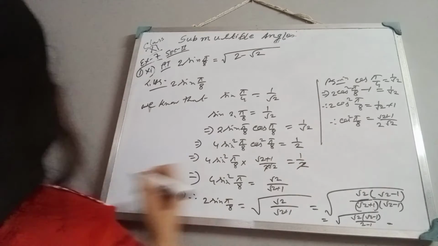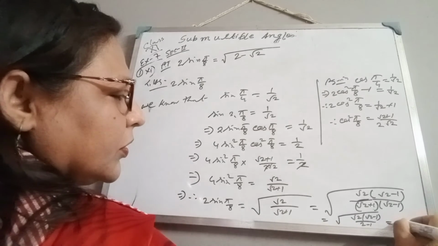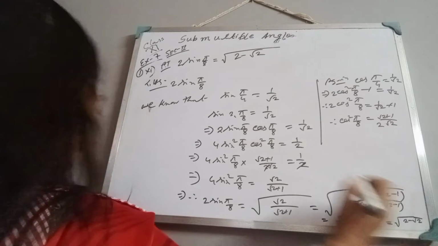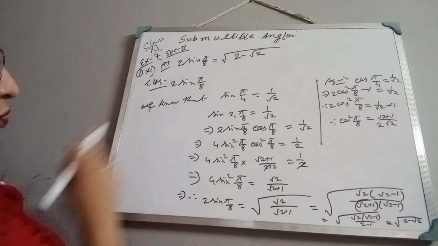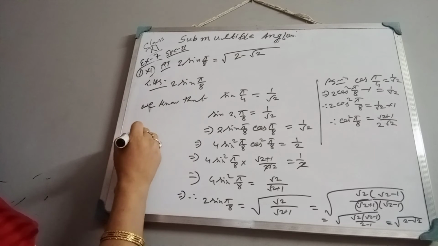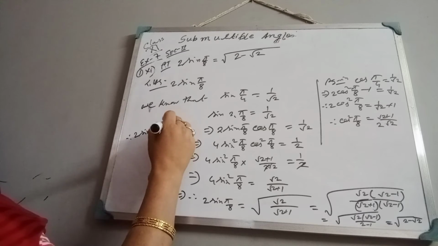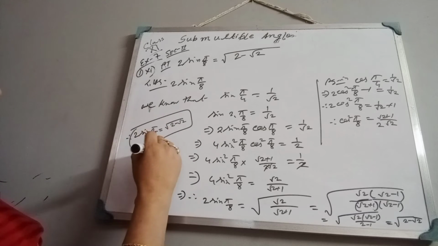So it is coming square root of root 2 into root 2 minus 1. So it is coming root 2 square means 2, 2 minus root 2 under root. This is 2 sine pi by 8. This only we have to prove. Okay. Therefore, 2 sine pi by 8 is equal to square root of 2 minus root 2. Proved.